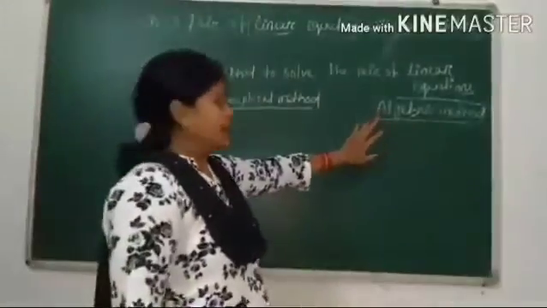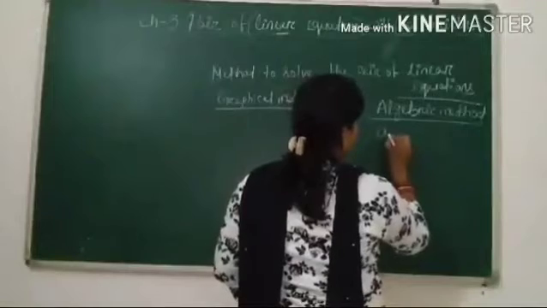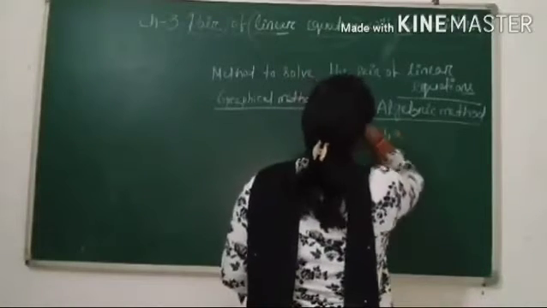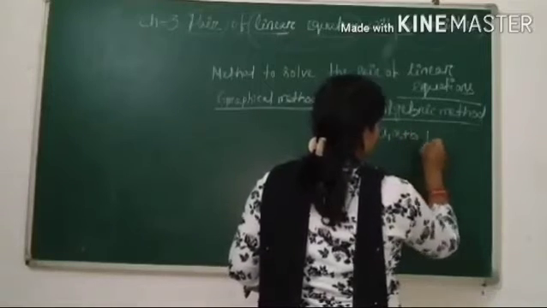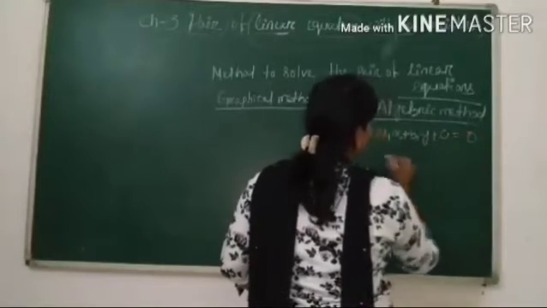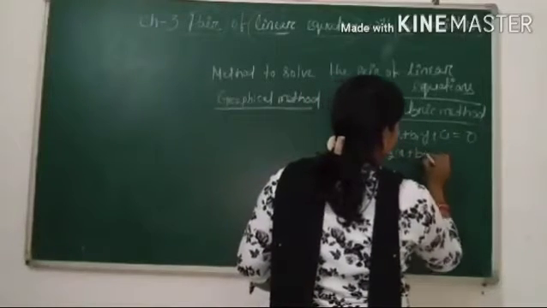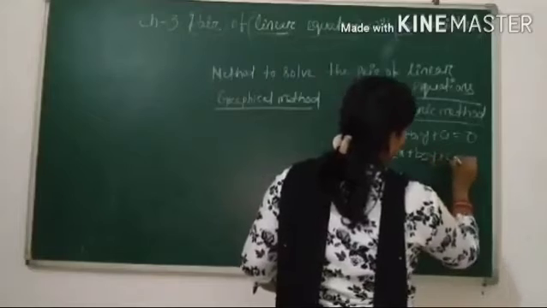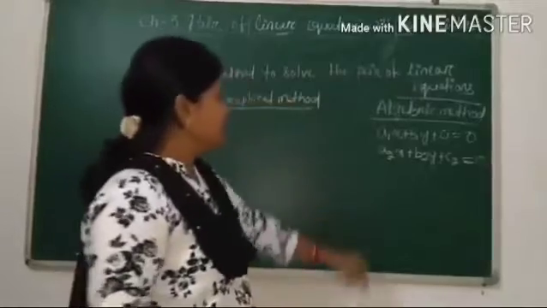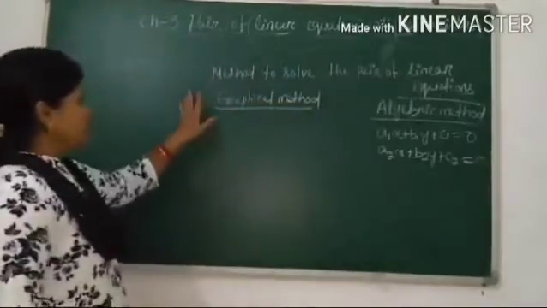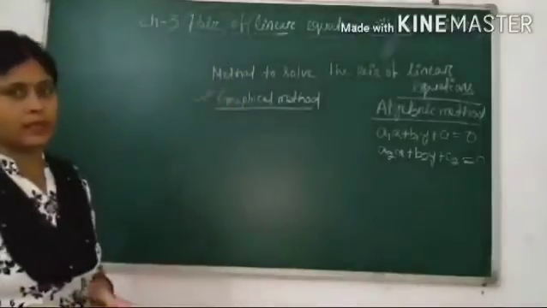As I discussed earlier, here I am going to write the general form of pair of linear equations with two variables. First of all, we will discuss the graphical method.